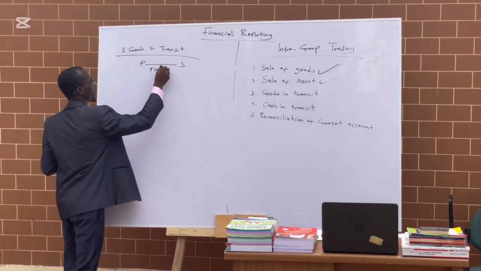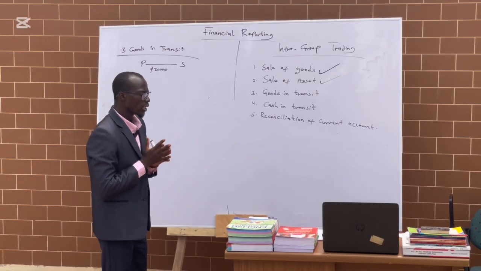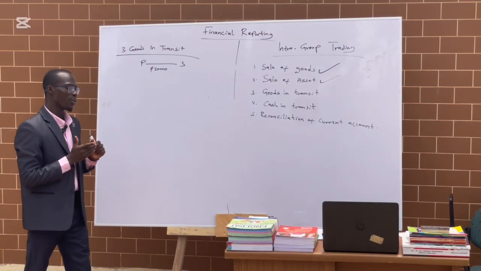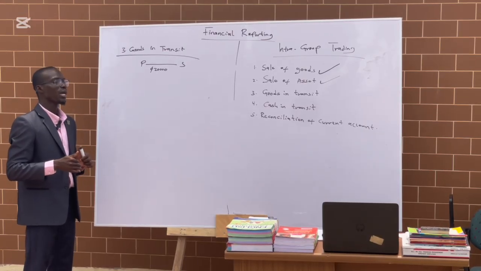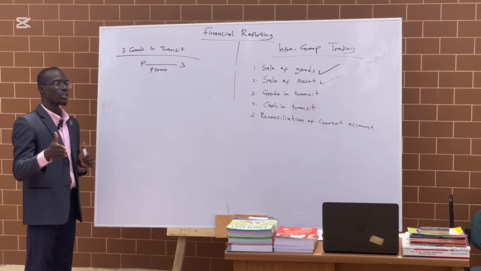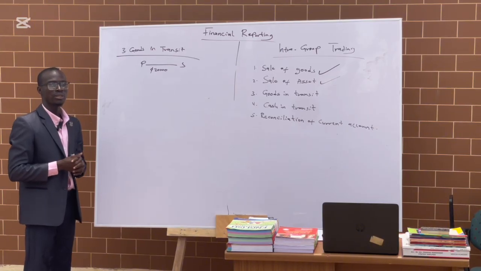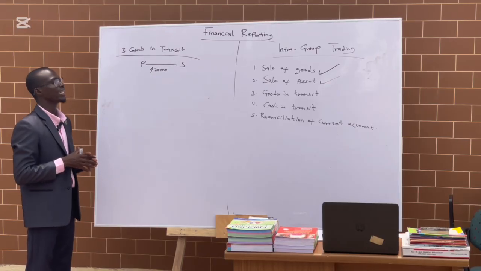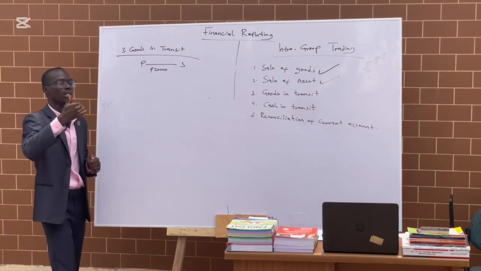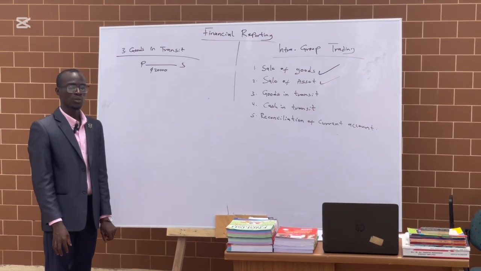But the issue is that all the 20,000 has been recorded in the parent's book, but in the subsidiary's book, the subsidiary has not received the goods. So the subsidiary has not recorded the 20,000. Because of this, that's where goods in transit comes in. The goods have not reached the subsidiary. Meanwhile, the parent has already recorded the 20,000.